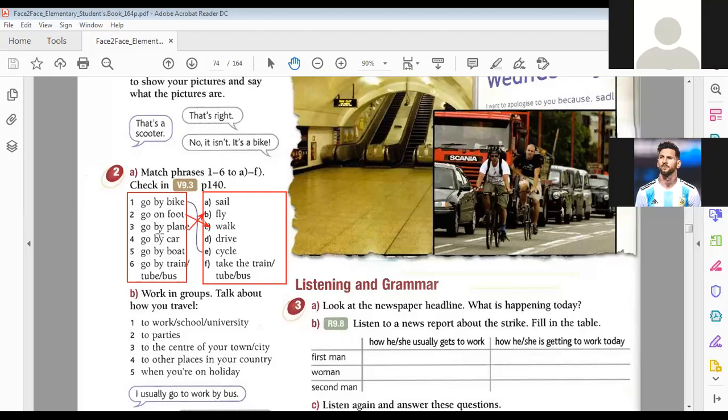Aisha, can you hear me? Are you there? Aisha? Yes. Okay. What about "go by car"? What's the right verb here? There's a word that we can use. Which word?